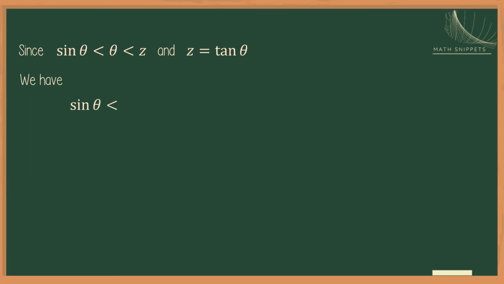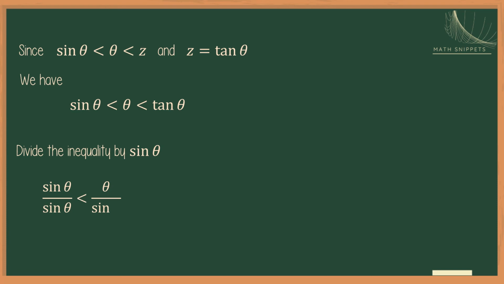So we have sine theta less than theta less than tangent theta. So when we divide the inequality by sine theta, what will we get? We will get sine theta over sine theta less than theta over sine theta less than tangent theta over sine theta. So if you look at this, we'll have the squeeze theorem to prove the limit of theta over sine theta as theta approaches 0.